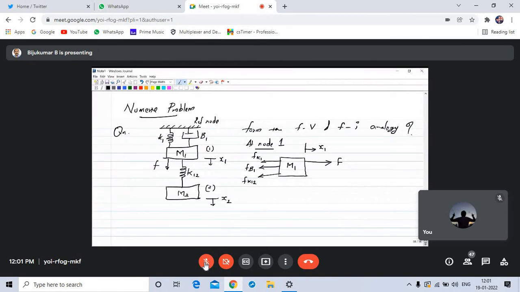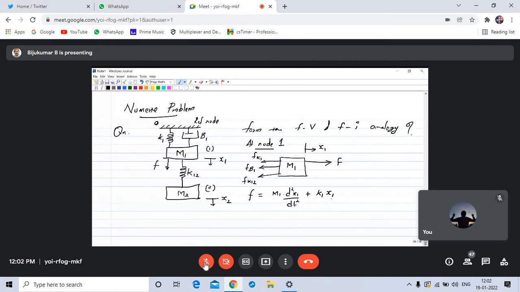Fk12, right? So using laws of motion, we can write F is equal to m1 into d square x1 divided by dt square plus next is force due to K1. How can we write it? It is K1 into x1, because here at the reference node the displacement is 0, right?